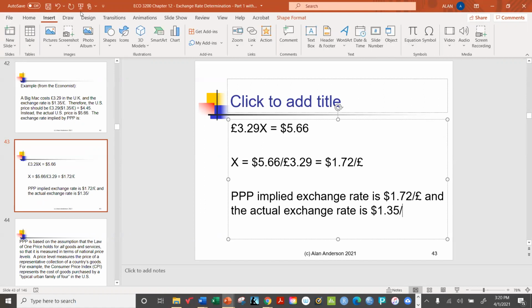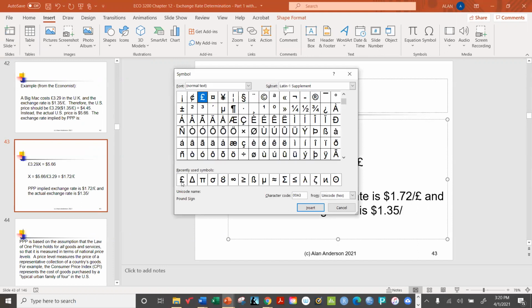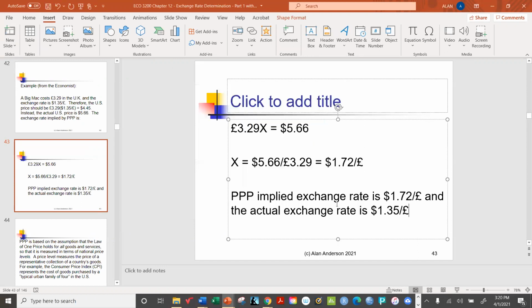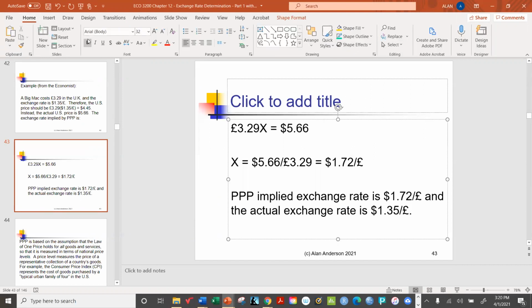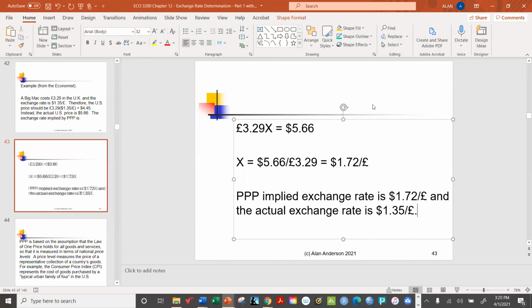So clearly PPP fails to hold. In fact, it's off by quite a bit.